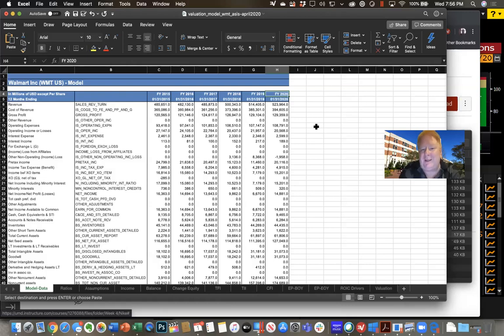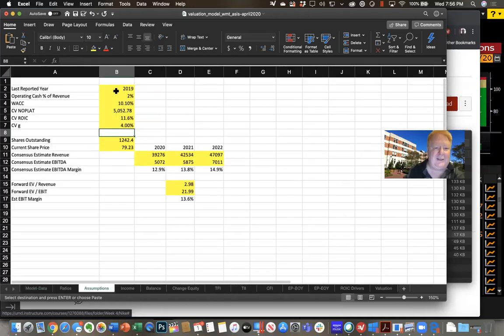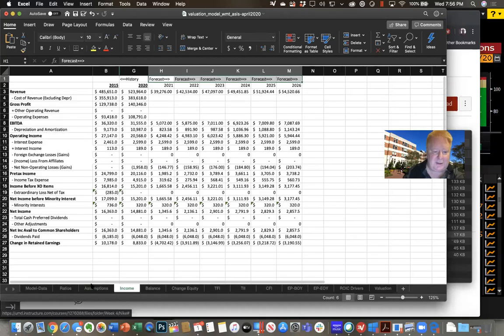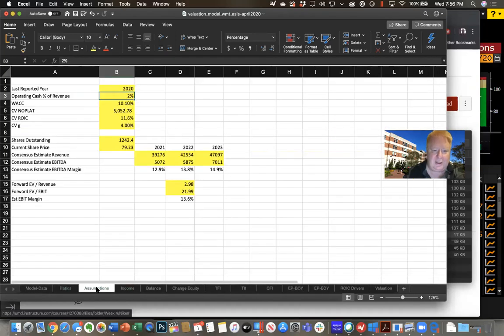So Walmart is in 2021 as far as Walmart's concerned. 2020 has already happened in the Walmart world because they want to capture the whole Christmas selling season in their sales. So in assumptions, I have to change this from 2019 to 2020. This updates the entire model, since all the relative references for years adjust based on this assumption.